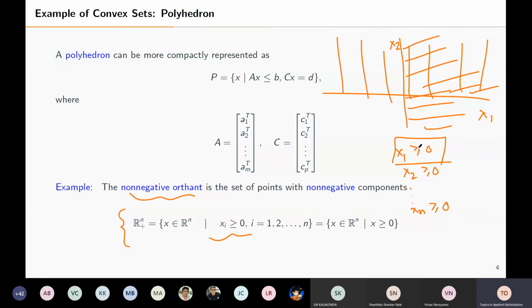Since both have to be satisfied simultaneously, if you take the intersection, you end up getting this as an intersection. You extend this to the n-dimensional case, and the non-negative orthant is nothing but a polyhedron, and it can be written as an intersection of half spaces.